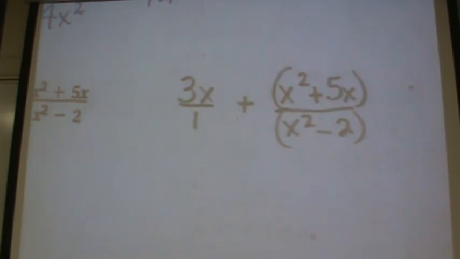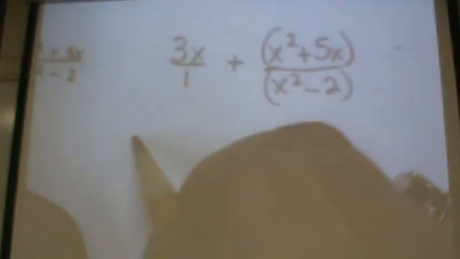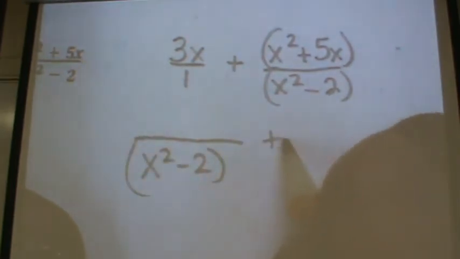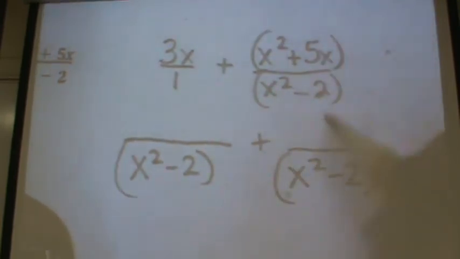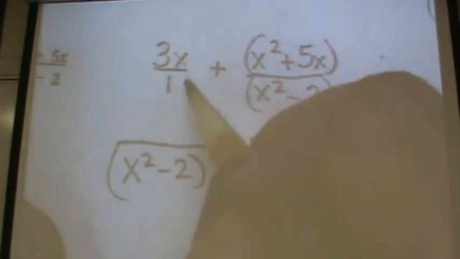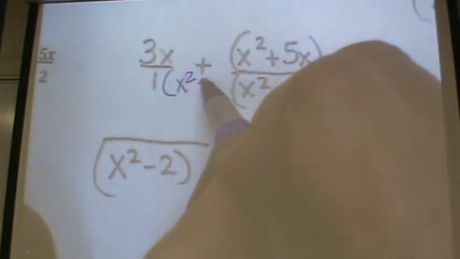What's your common denominator? x squared minus 2, absolutely. So 3x cubed. So this fraction is already complete. What do we need to multiply both of these by? x plus 2. So 3x cubed minus 6x.